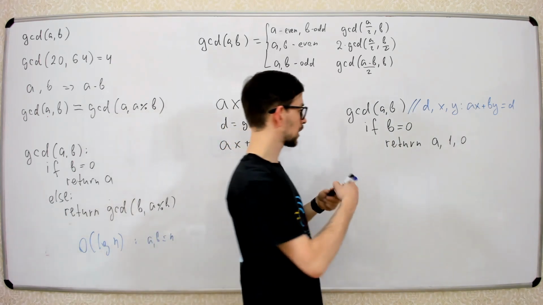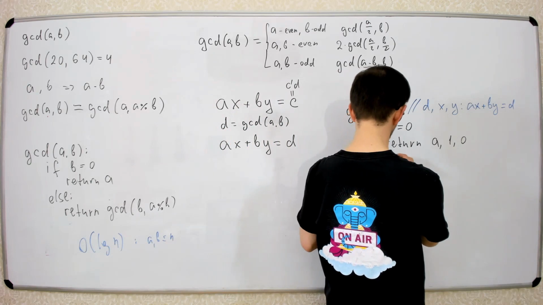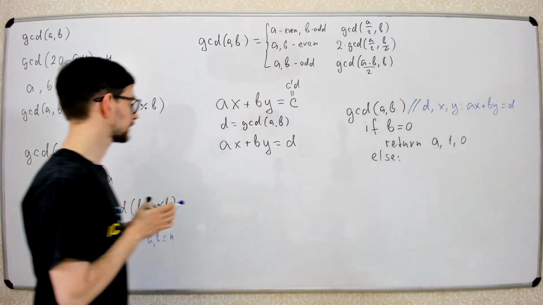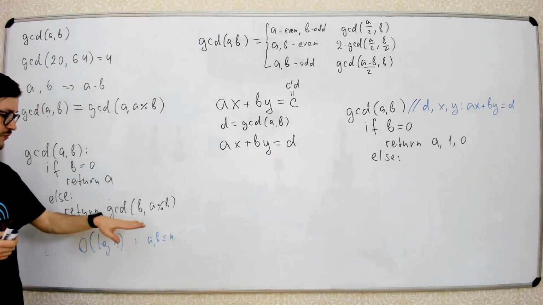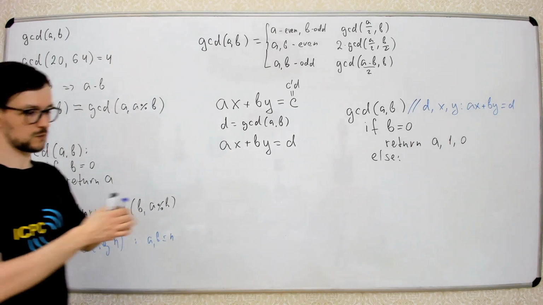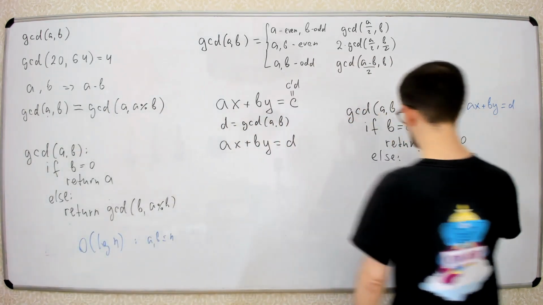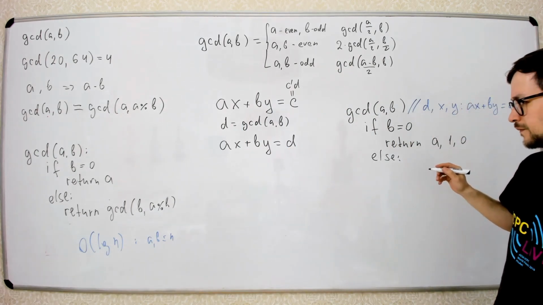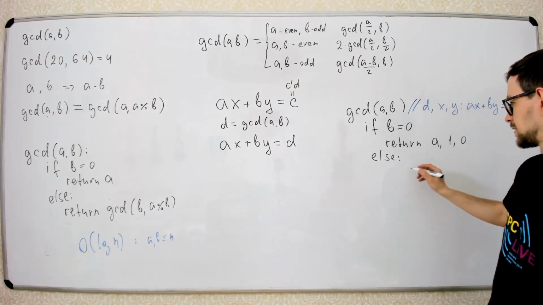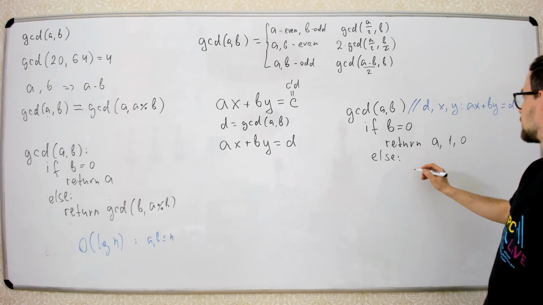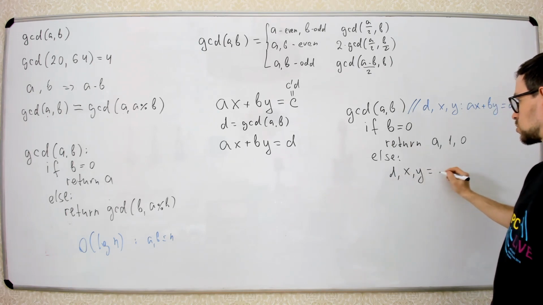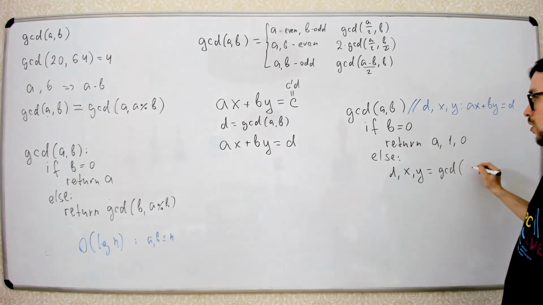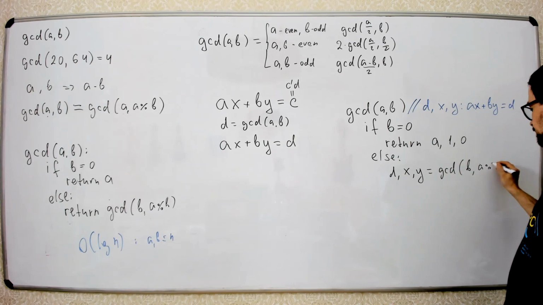Now, else. Now it's interesting. Let's run this thing and get the result for b and a modulo b. Let's say d, x, and y equals GCD of b and a modulo b.